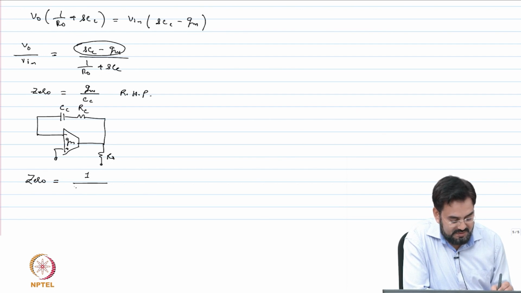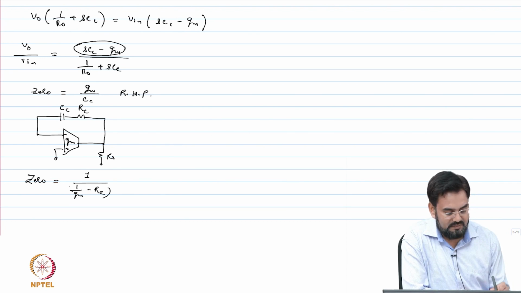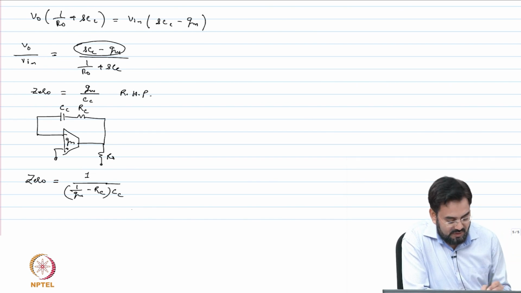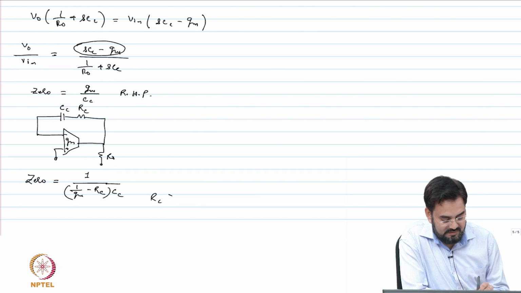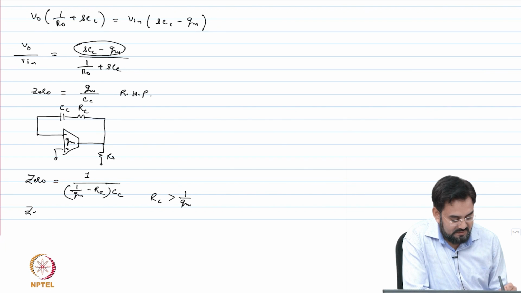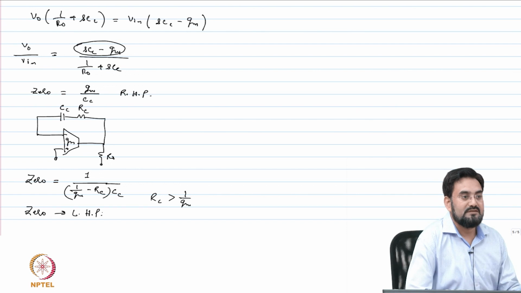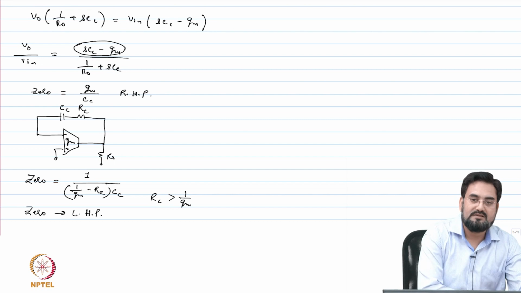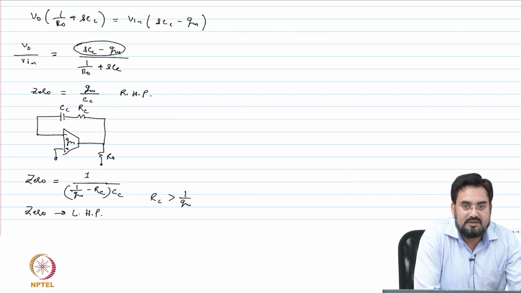This will be 1 over GM minus RC into CC. You can derive it, you will get that. So, now if RC is greater than 1 over GM, your 0 is in left half plane, correct? And if you make RC equal to 1 over GM, then where is the 0? Infinite. So, 0 will disappear.